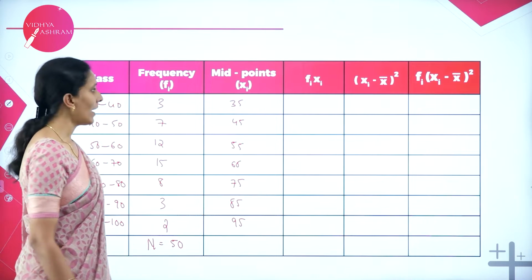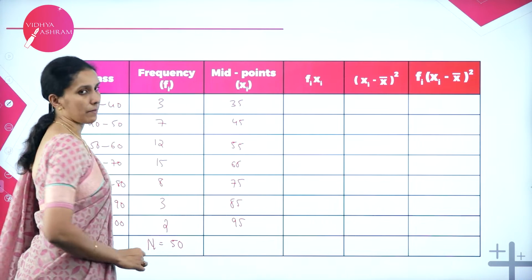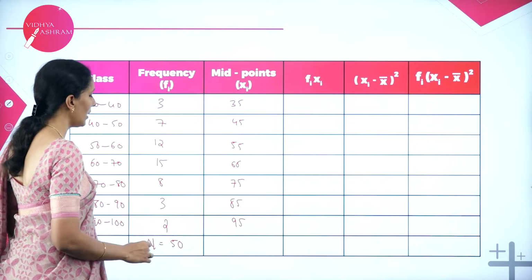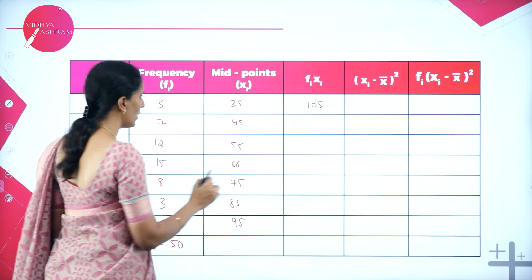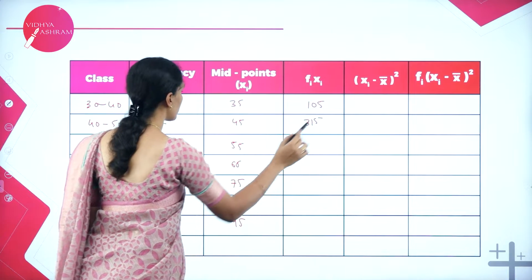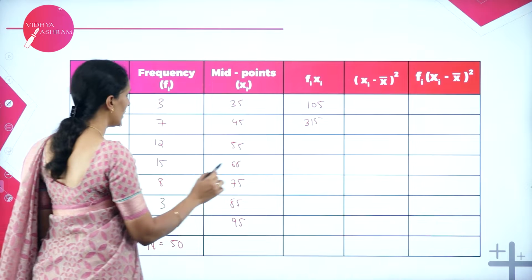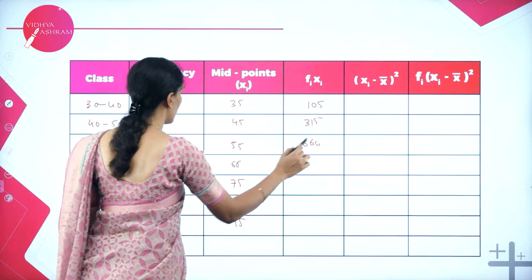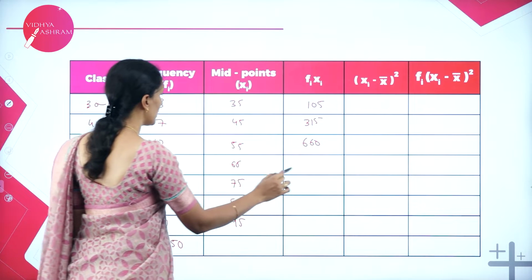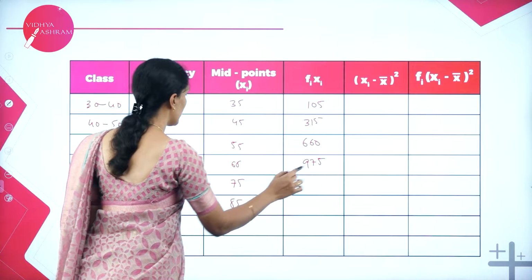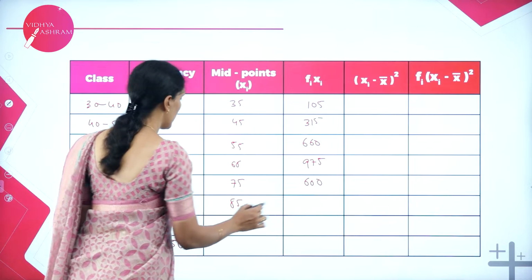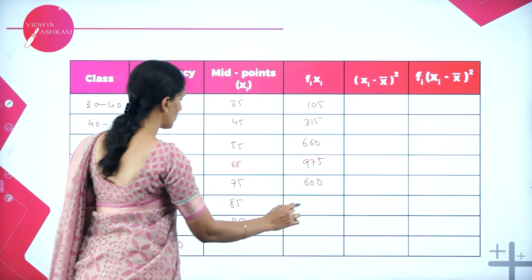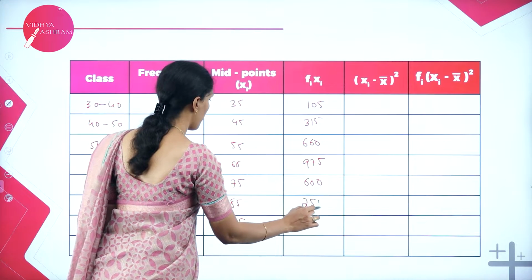Now let's multiply fi into xi. 35 into 3 is 105, 45 into 7 is 315, 55 into 12 is 660, 65 into 15 is 975, 75 into 8 is 600, 85 into 3 is 255.